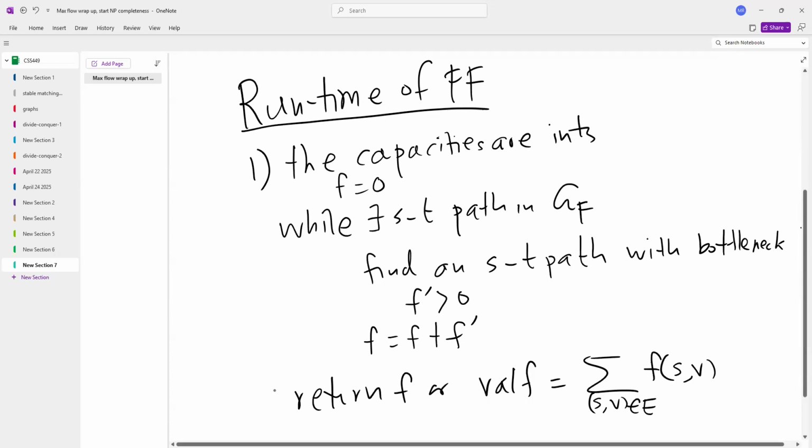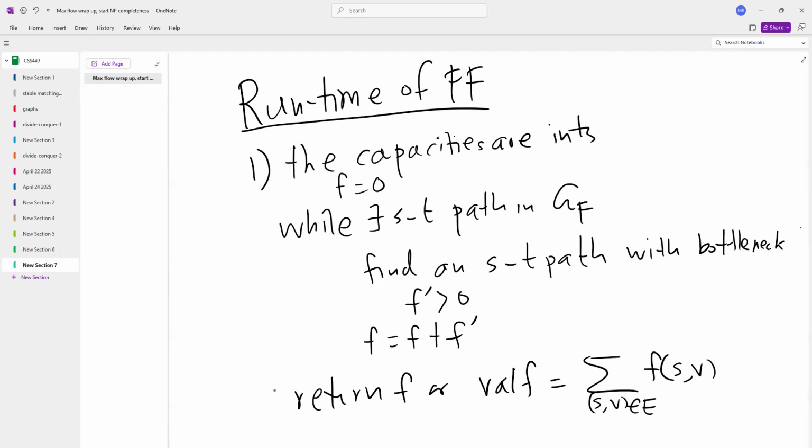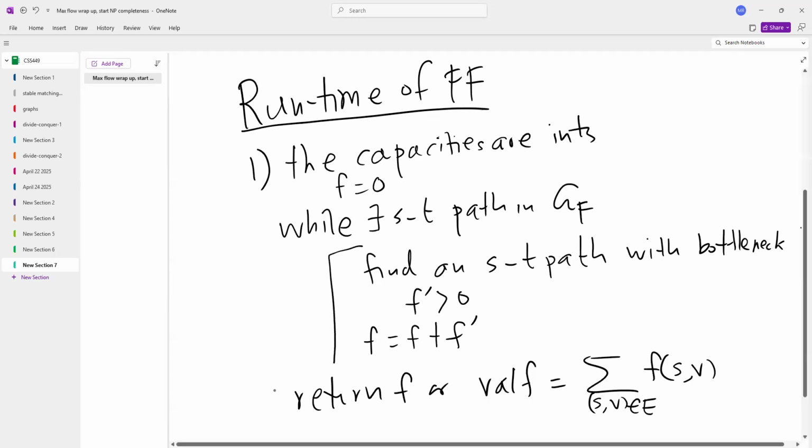Okay. So now how long does this run? What is the complexity of each of these iterations? How much time does it take? Order of E? Yeah.